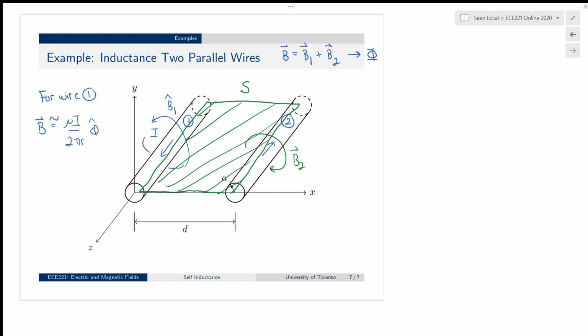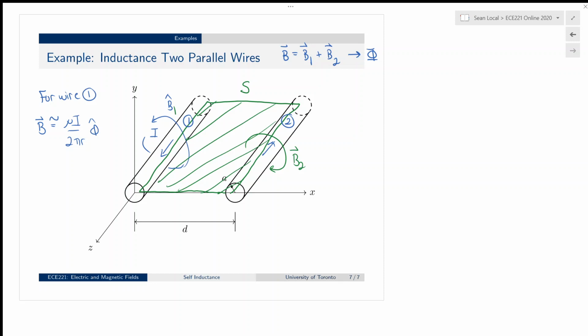So this is important because writing the B field for wire 2 is going to be rather difficult because it's not along the z-axis. So the B field from wire 2 is not going to just have a phi component. It's going to also have a rho component because it's not centered on the z-axis.